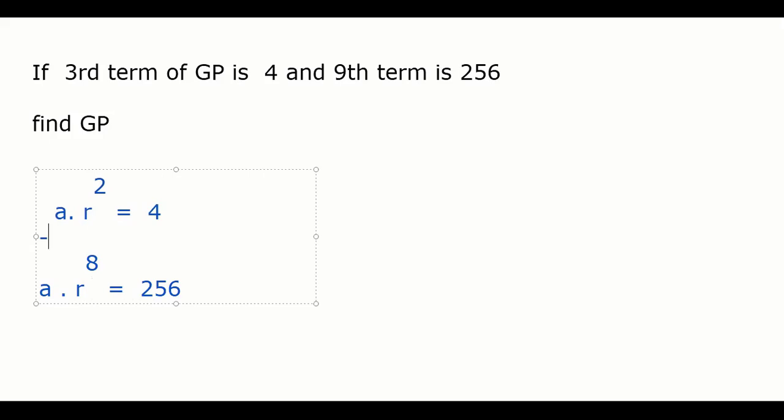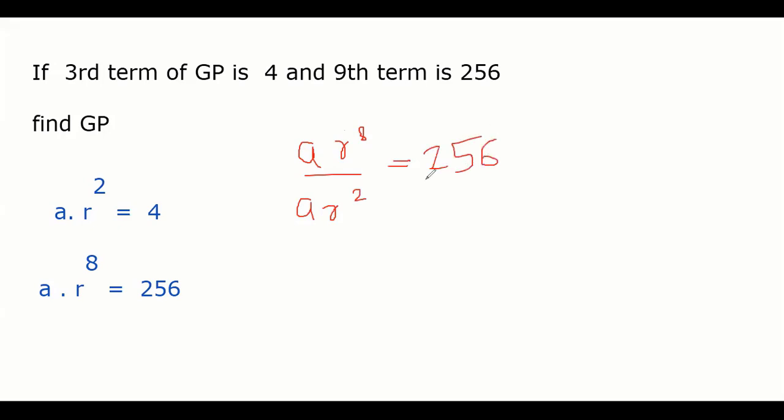So we'll just divide both the equations, either this way or the reverse, whichever way you feel comfortable. So we get AR8 by AR square. Right, Yashwant? That is the method. 256 by 4. Good. So A cancels out.